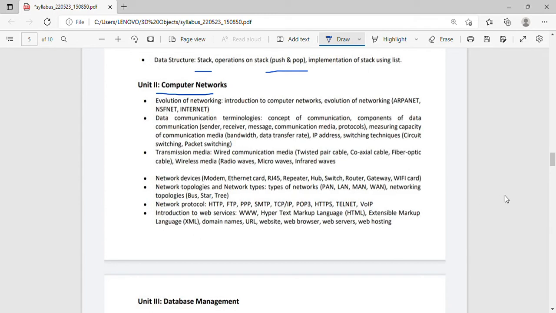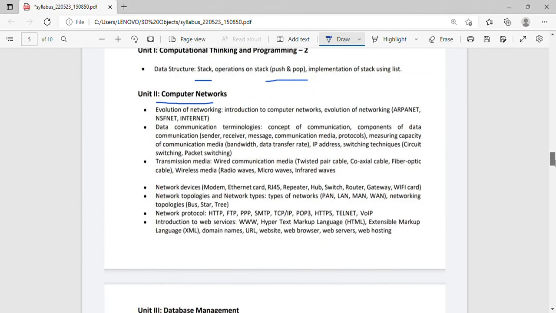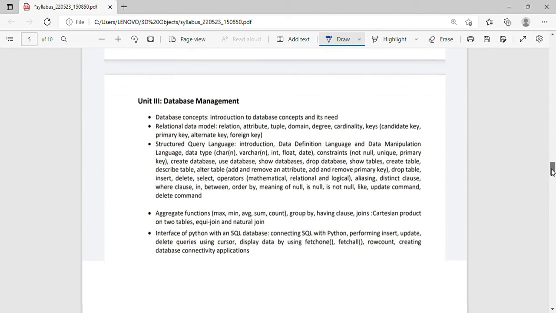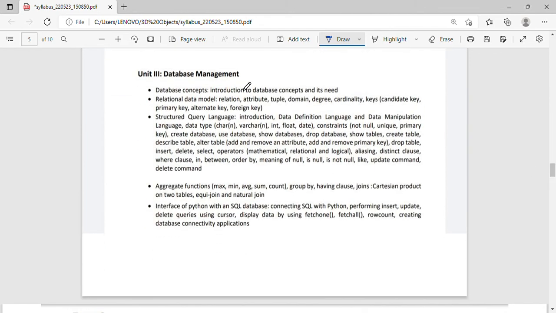These are theoretical topics. I'm going to give a very good presentation of this computer networks, and you are going to be amazed from our course.